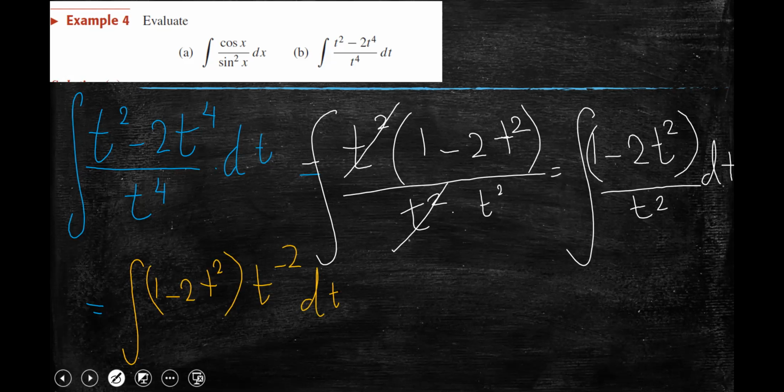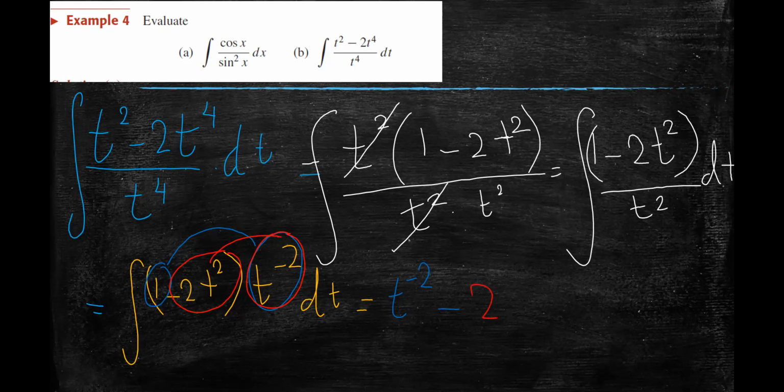Then what do I have to do? Can I integrate now? No, they are multiplied. So I will distribute t to the power negative 2 times 1 first, so it will be t to the power negative 2, minus, then I will multiply this t to the power negative 2 with the second term, t squared times 2.